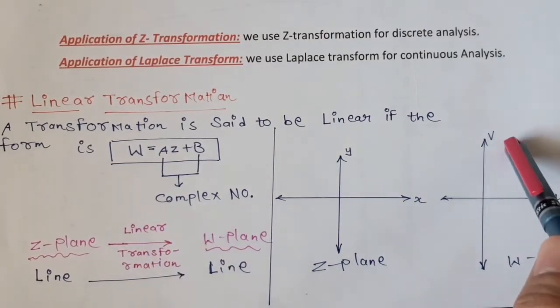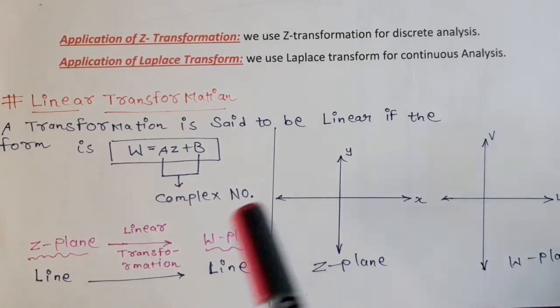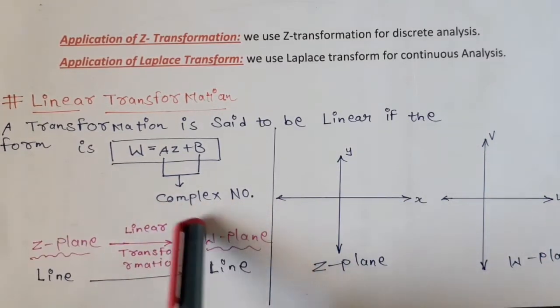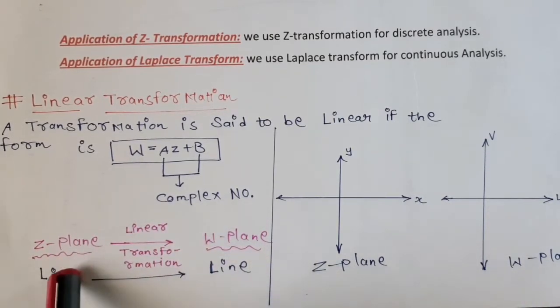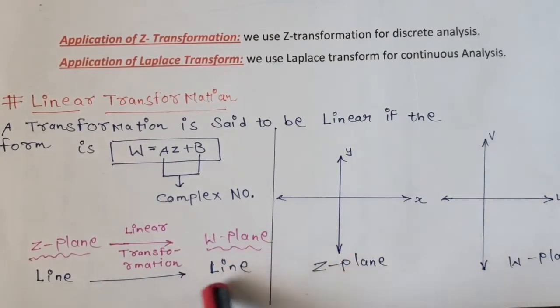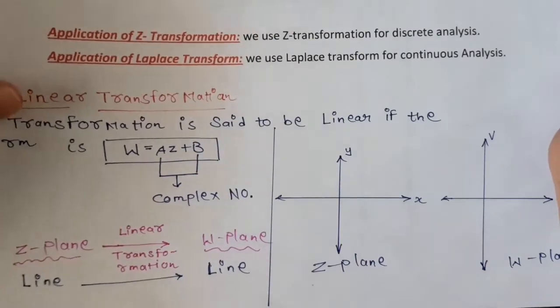It will be a simple line in some form. You will understand this better. For the time being, remember, if we use the linear transformation and in the question the equation of a line is given, then in the W plane we get a line only. Now we will see the first question of this linear transformation.